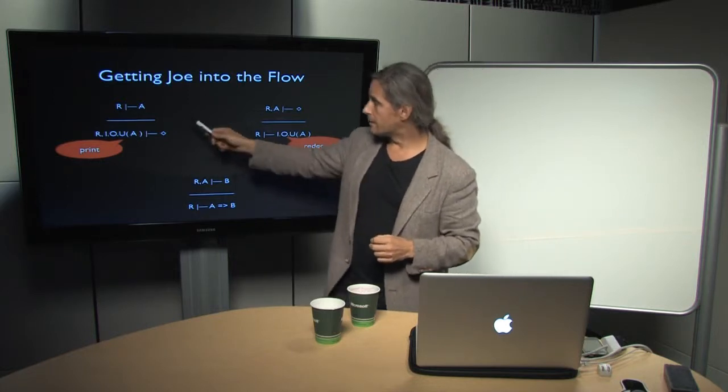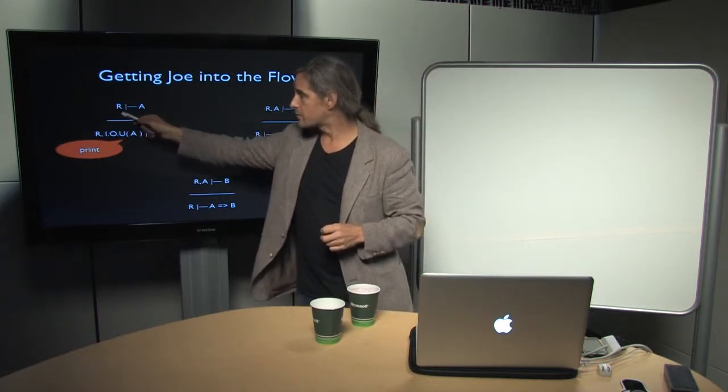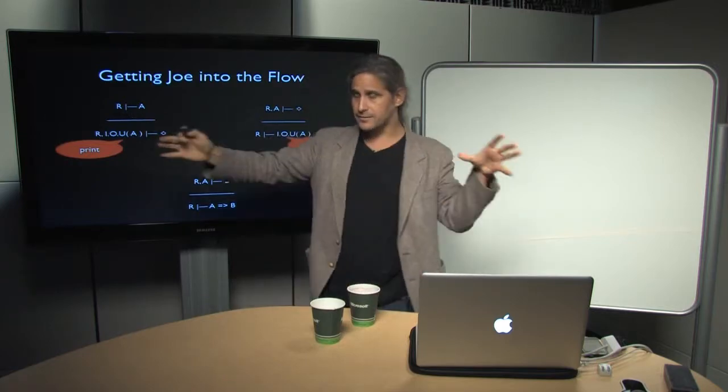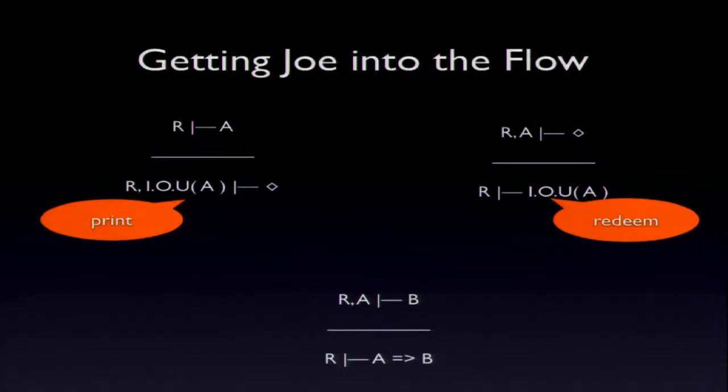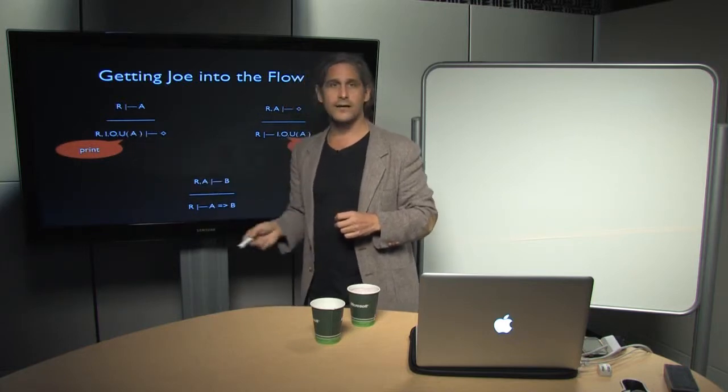So again, if this collection of resources R, and remember R might be a whole collection of resources, allows us to meet the demand for A, then we can pull the A over here and we can be confident that we can print an IOU that we can honor.